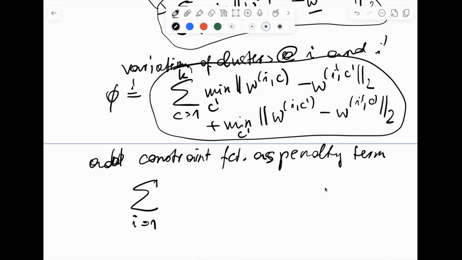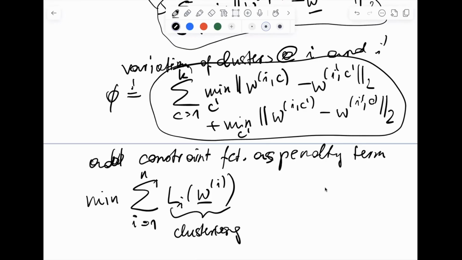So we want to minimize all the local clustering problems. So this here is the clustering problem on method at node I. But we penalize using some penalty term the disagreement of the clusterings at connected nodes.